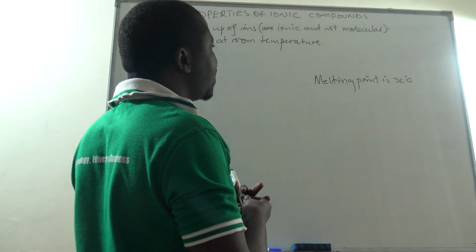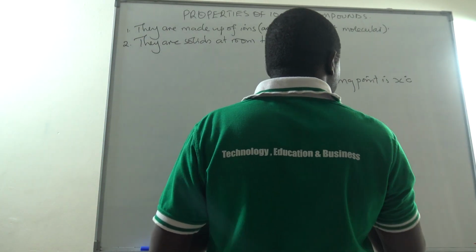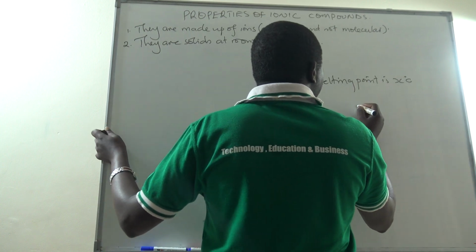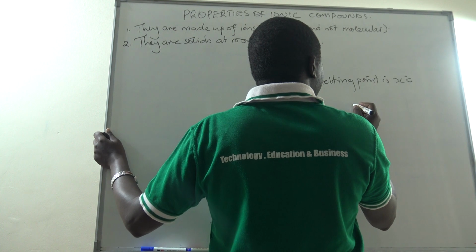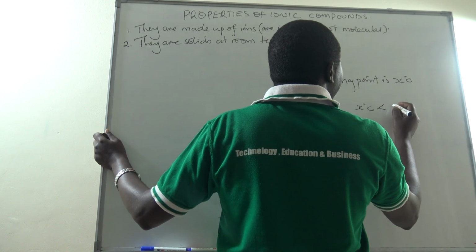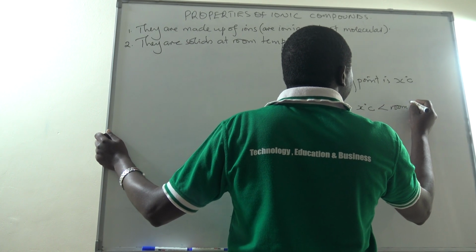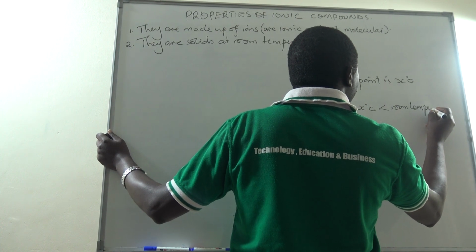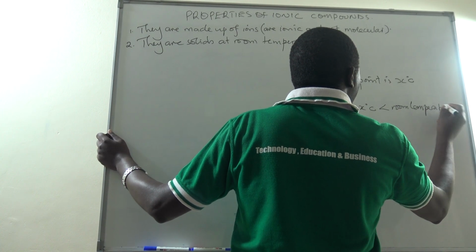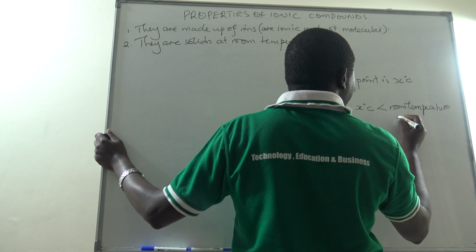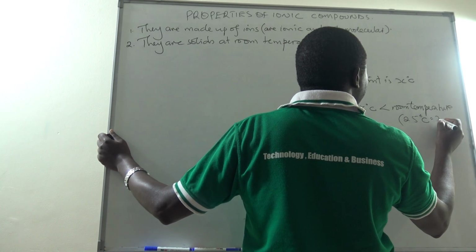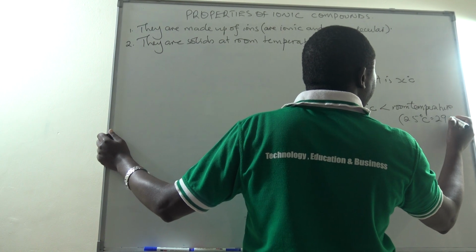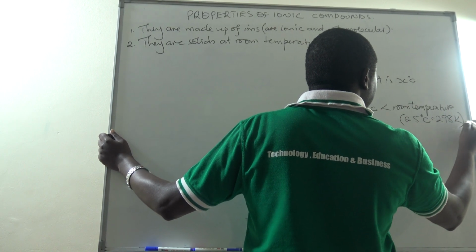So if the melting point of a substance is X degrees C, it means that X degrees C is quite less than the room temperature. And here in the tropics, the standard room temperature is 25 degrees C, which is the same as 298 kelvins.